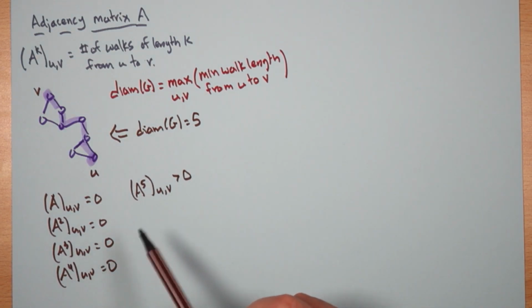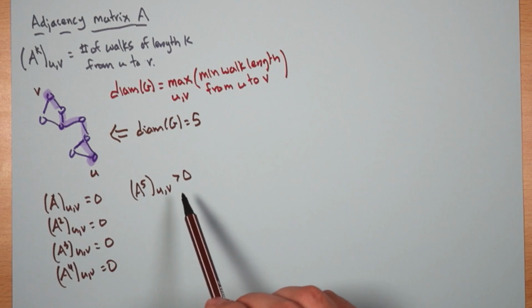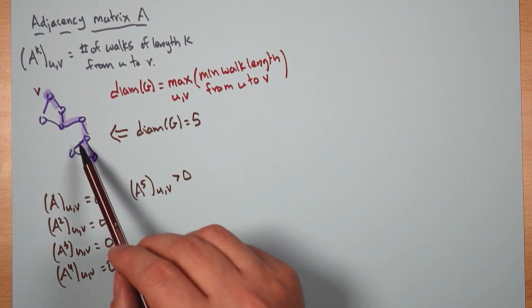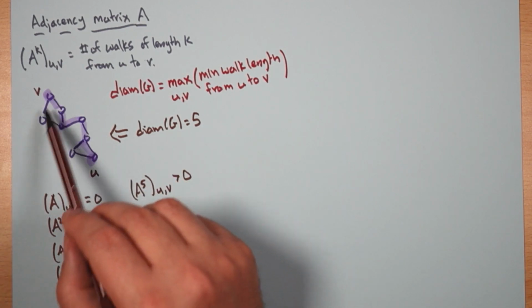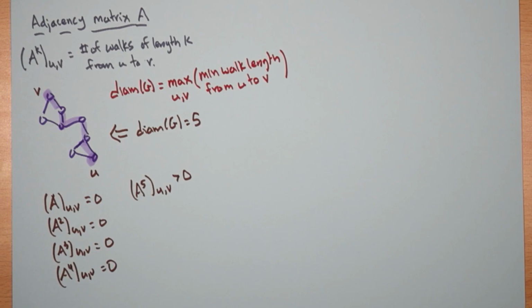Notice I don't say 1, I say greater than 0. It's possible, and in fact it happens here, that there's a different walk of 5 steps that gets us from u to v. We just say there's at least 1.